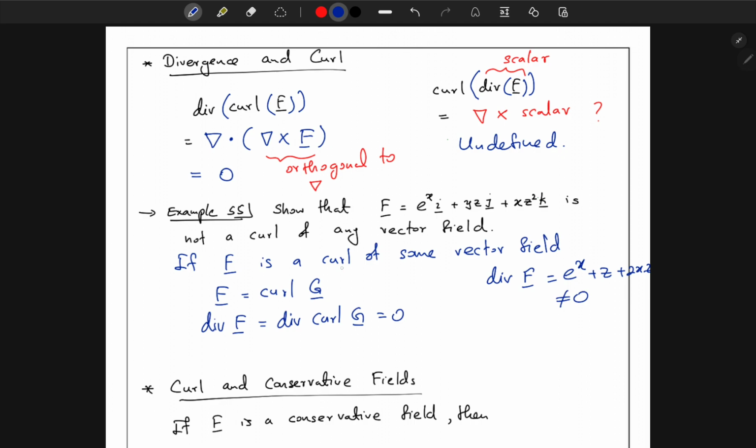If f is a curl of some vector field, the divergence needs to be 0, but we saw the divergence is non-zero, so f is not a curl of any vector field.